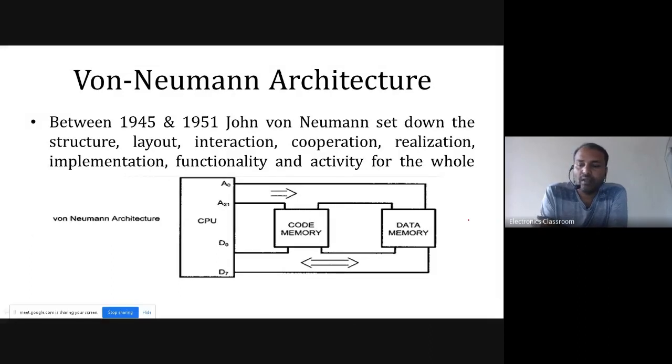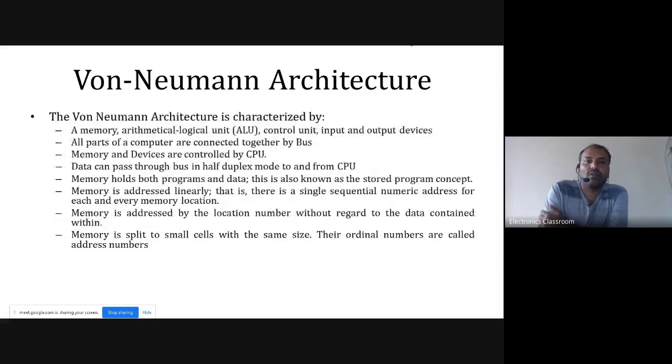So let us see what it takes to form von Neumann architecture: a memory, an arithmetic logical unit, a control unit, and input and output devices.